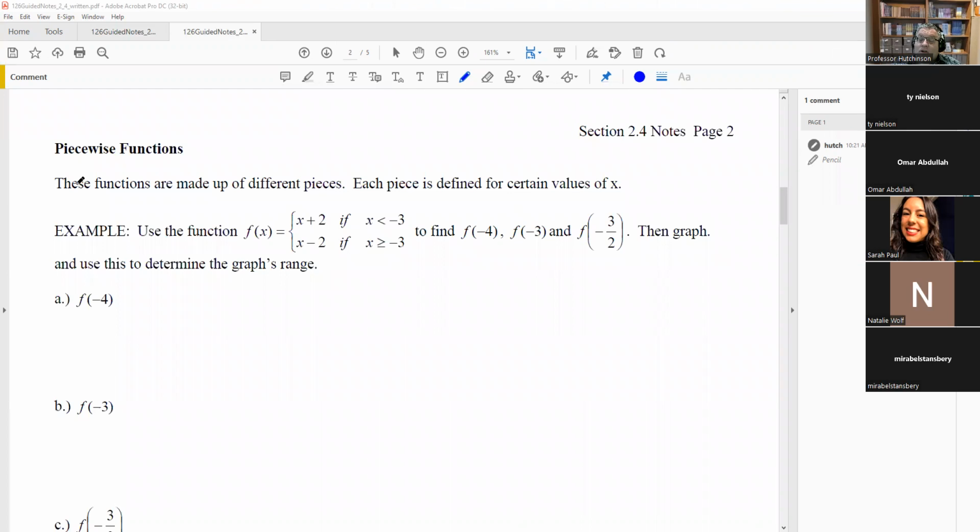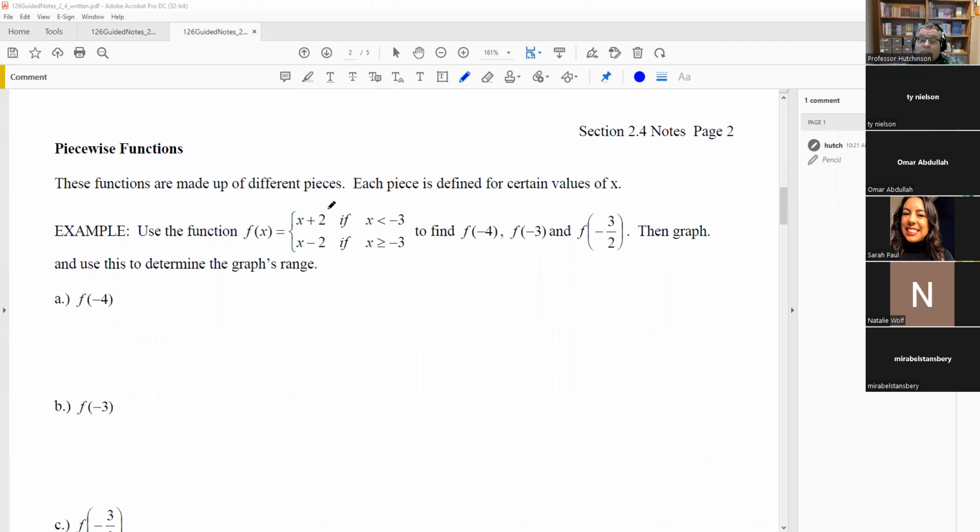But right now, because we're in piecewise functions, let's define what a piecewise function is here. Piecewise functions are functions that are made up of different pieces. Now, you could have as many pieces here as you want. What's characteristic about that is, if you look at this example here, each equation actually has special conditions on it.